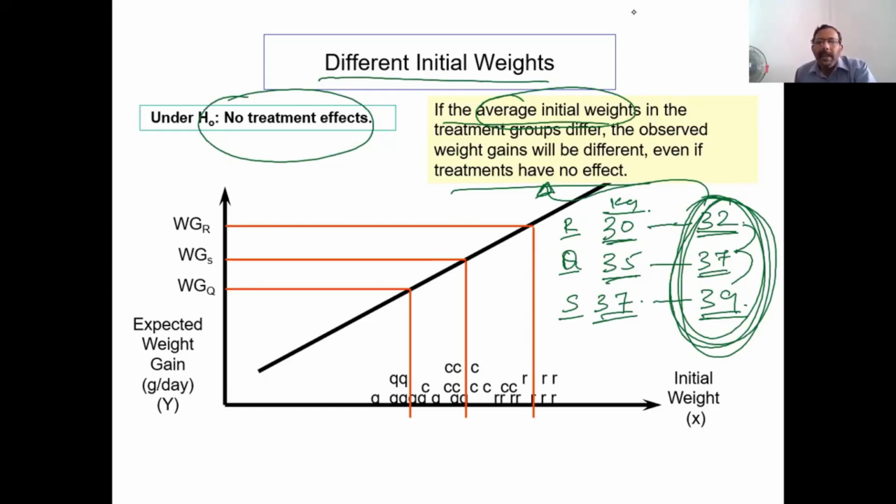So here we could say, even though there's no difference in the treatment effect, still the final weight might vary, because of the initial weight. Right? This is the supplement Q. This is the standard diet. C means standard diet. And R means it is the diet with the supplement R. So they are starting at different points as the initial weight. So this is one of the problems in our study.